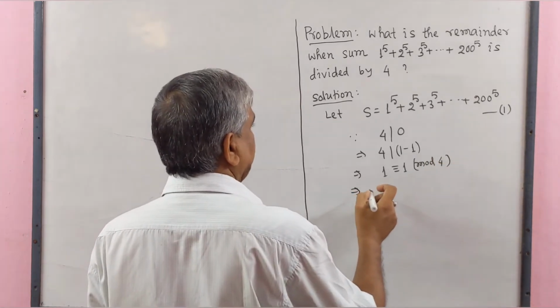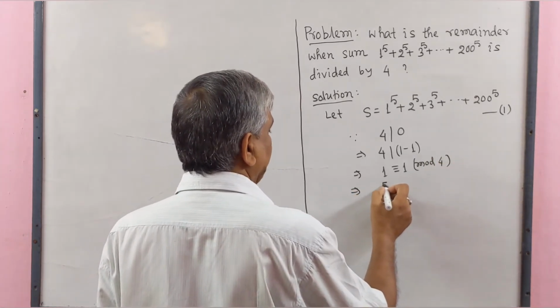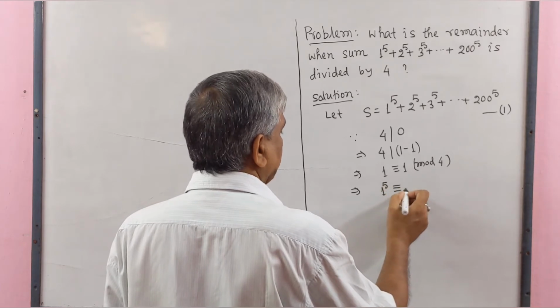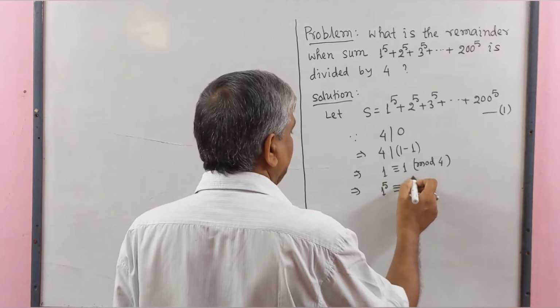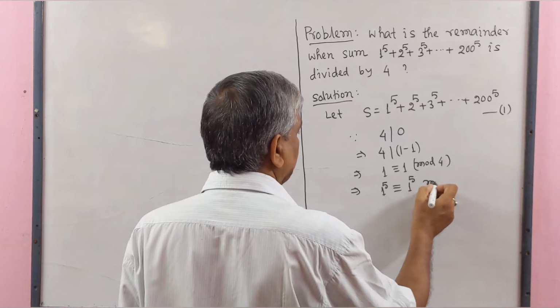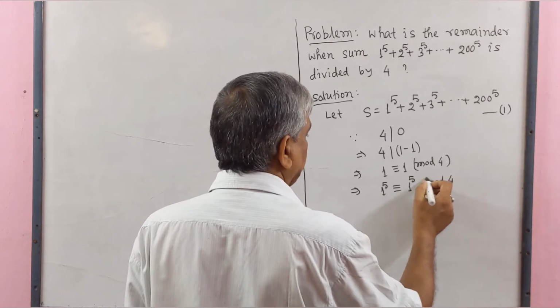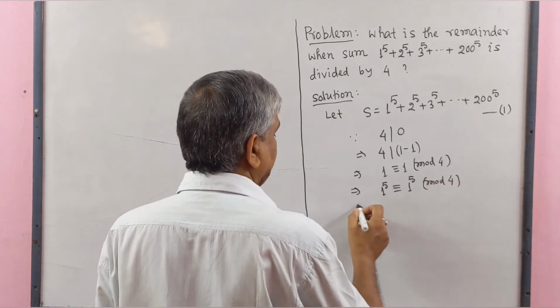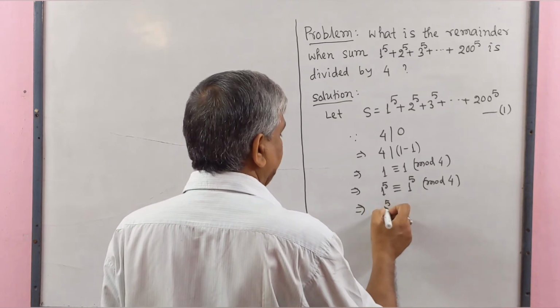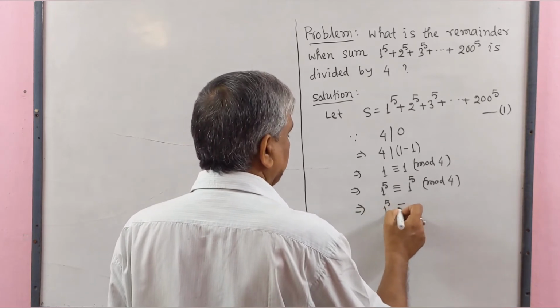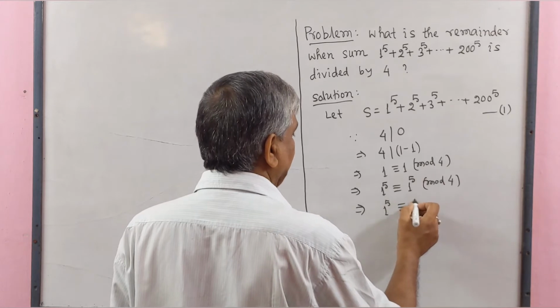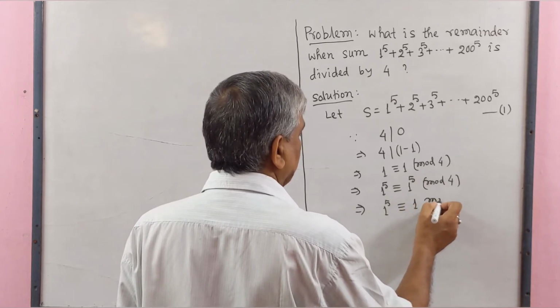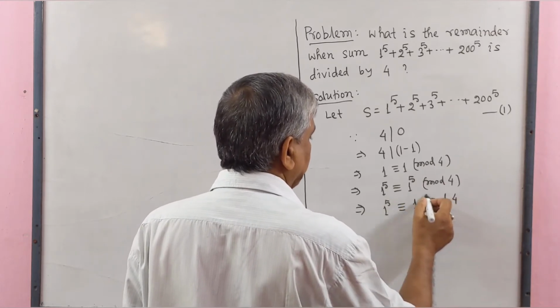Raising power, 1 to the power 5 is congruent to 1 to the power 5, which is 1, modulo 4.